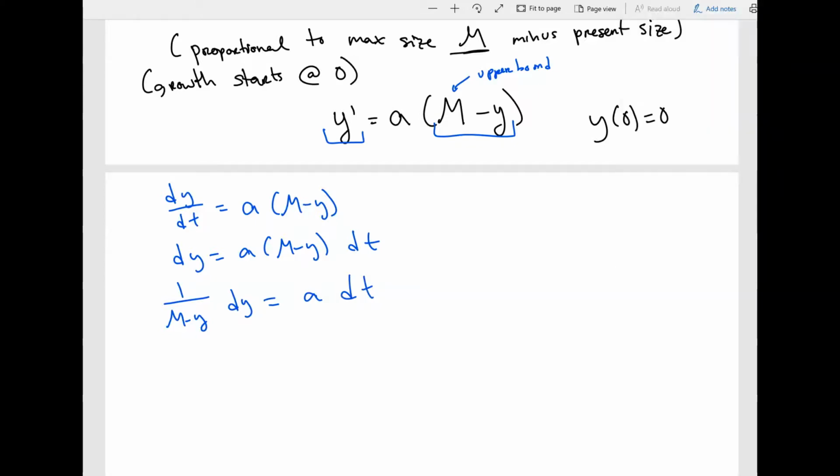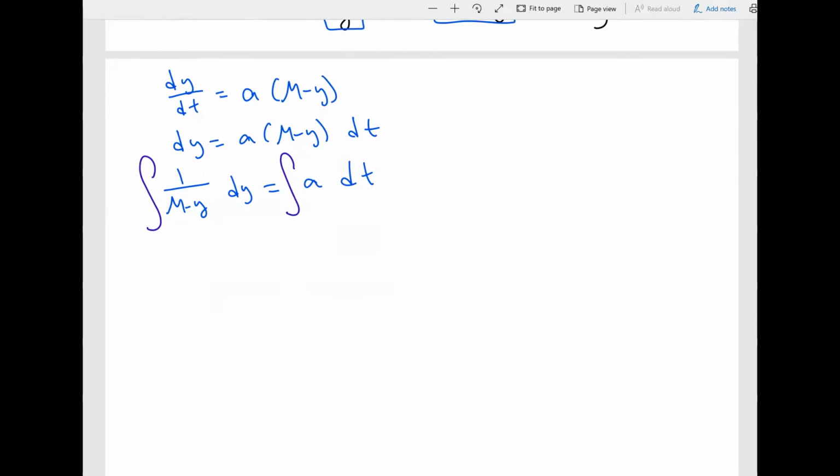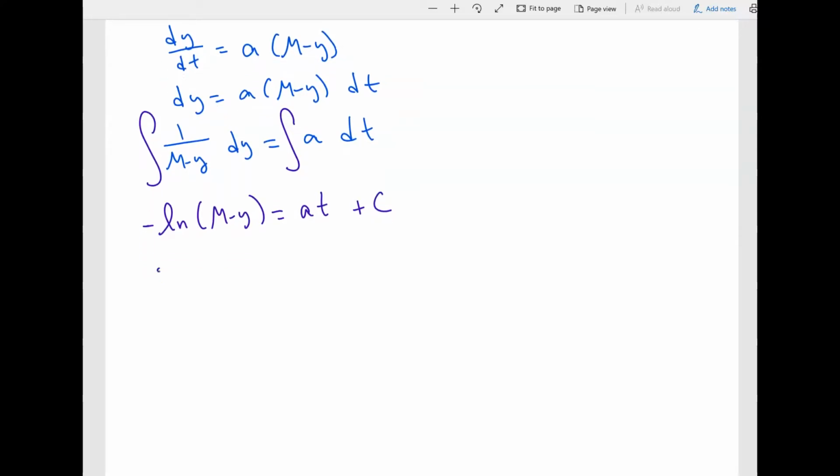We're going to take the integral of both sides. This is just going to give me the natural log of m minus y, and because we're taking the integral with respect to y, there's a negative, so we're going to have a negative on the outside. This is just going to give me a t plus c. We're going to divide by this negative.